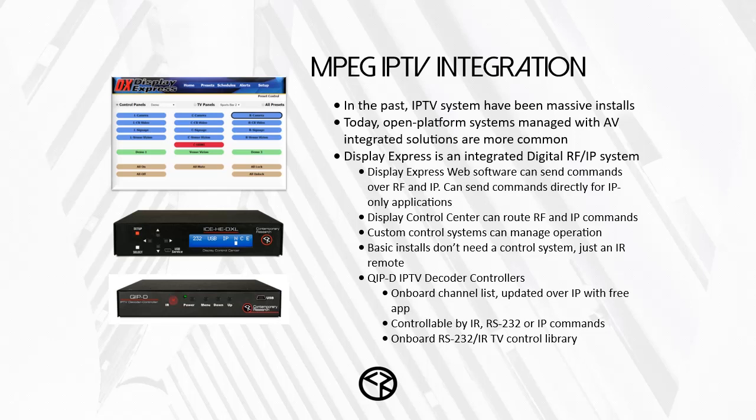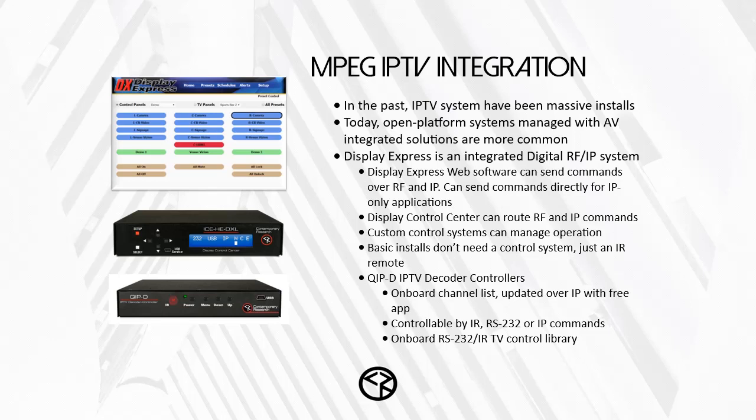The Display Control Center receives commands from the custom system or Display Express, and then it can route those commands to RF ports and to IP ports and knows the difference between the two. So you can have a custom control system do IP system or use Display Express, and you can identify locations that are on the RF, locations that are IP. All you care about is you're sending commands and the system figures out where they should be routed.